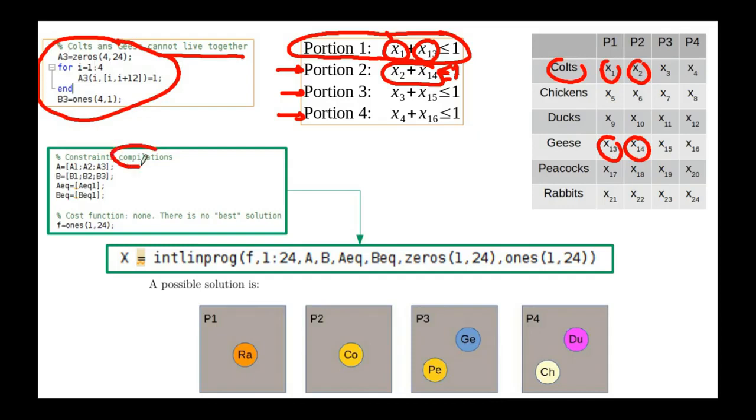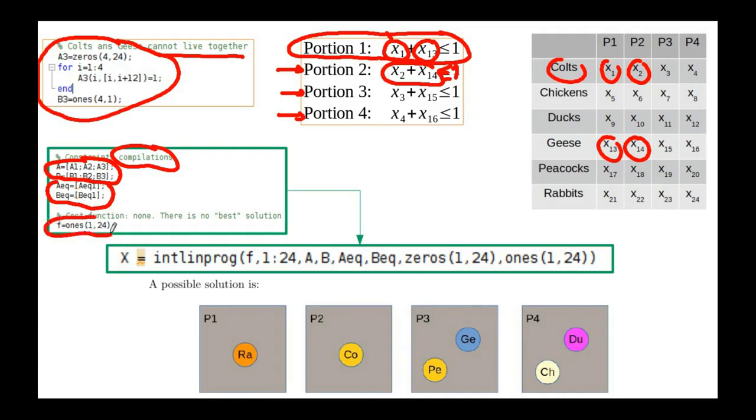Finally, I have done the compilation of all the inequalities. Here you can see the inequality constraints, and here the single set of equality constraints.